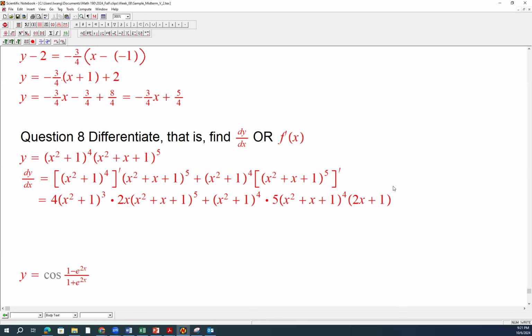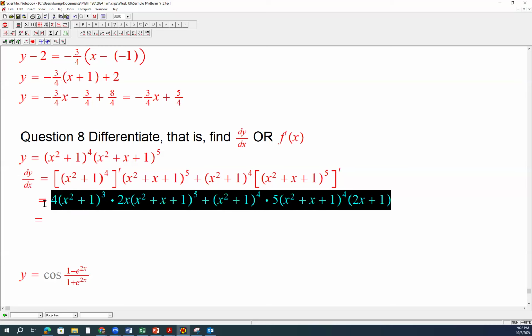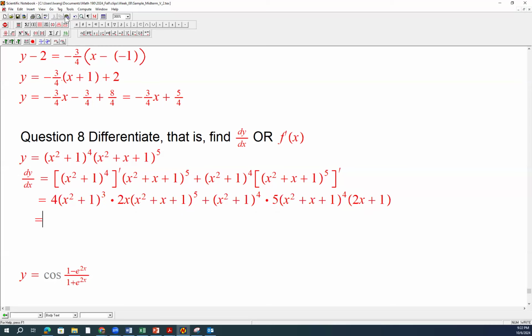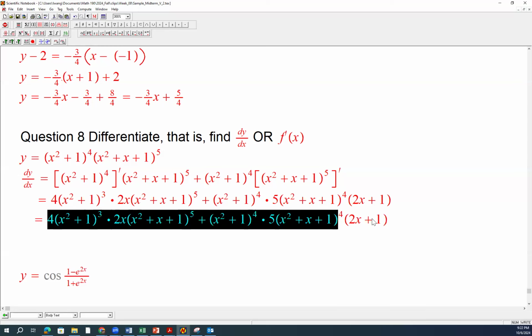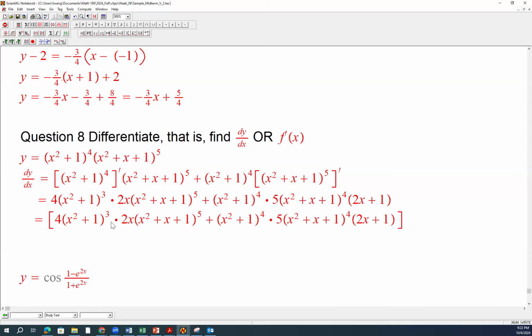By this time, you are pretty much done. But if you want to get maybe some extra points, you probably would like to factor. So I'm going to take the whole thing to see what we can factor out. What can be factored out? (x squared plus 1) to the power 3, and there's (x squared plus 1) to the power 4.